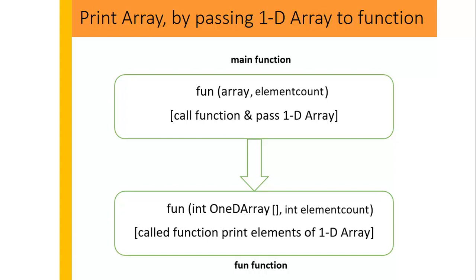This is really important because the function fun doesn't know how many elements an array has, right? So we need to pass the number of elements, or the element count, as well. So in the fun function we will receive an array plus the count of elements in the array.